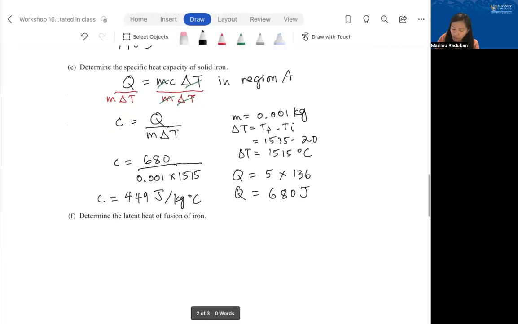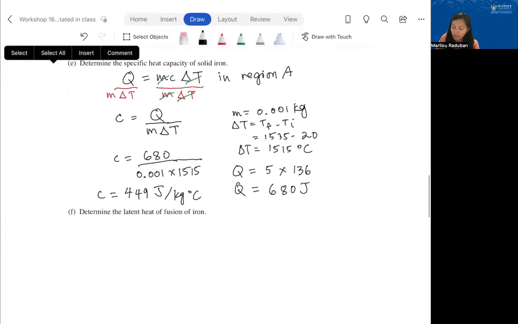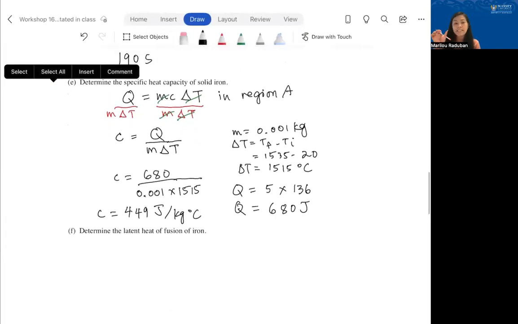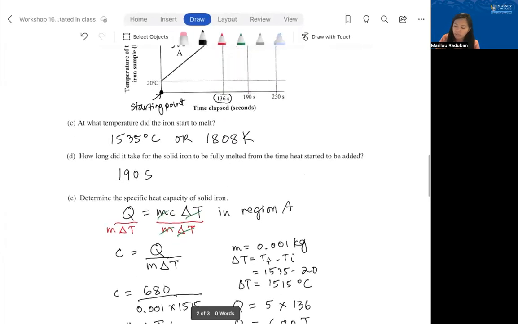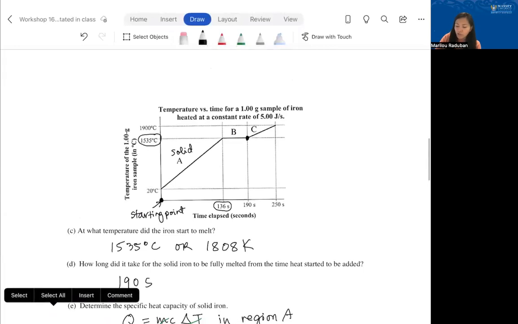All right, the next question asks us to determine the latent heat of fusion of iron. So we learned that latent heat is associated with phase change, and we've identified that region B is when iron is changing phase from solid to liquid. So region B, solid plus liquid.